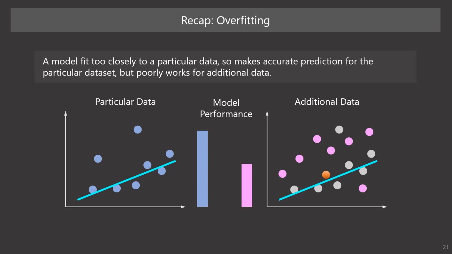Overfitting is a phenomenon where a prediction model makes accurate prediction for a particular dataset, but poorly works for additional data. In other words, overfitting refers to a modeling error where a prediction model fits too closely to a particular dataset, and thus poorly fits other unknown datasets.